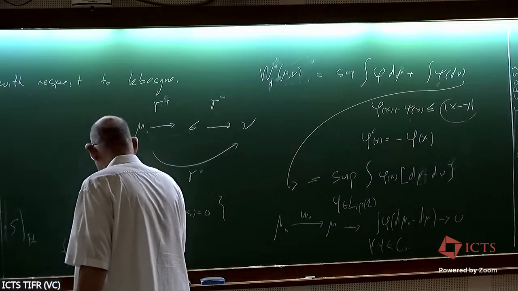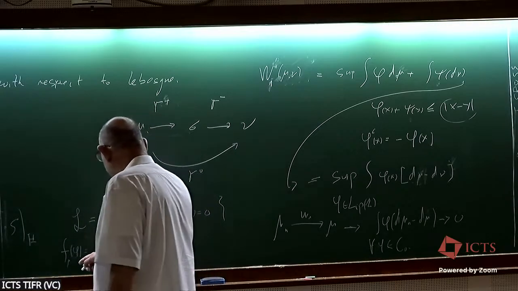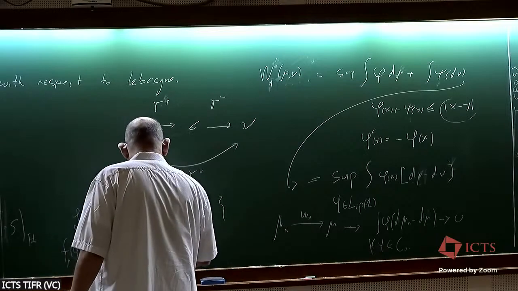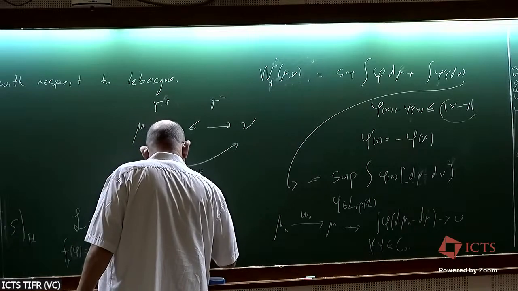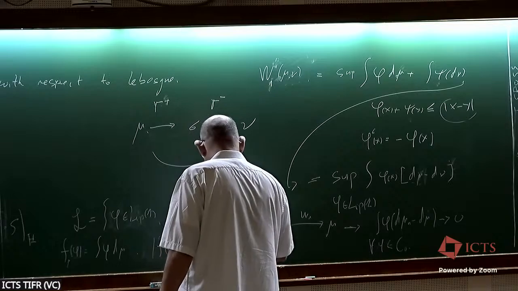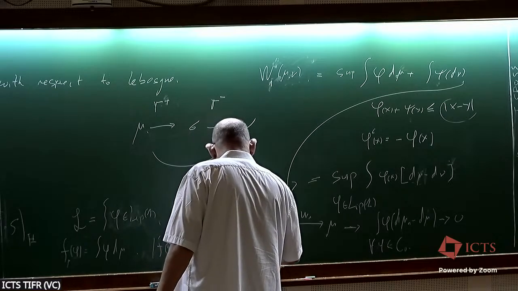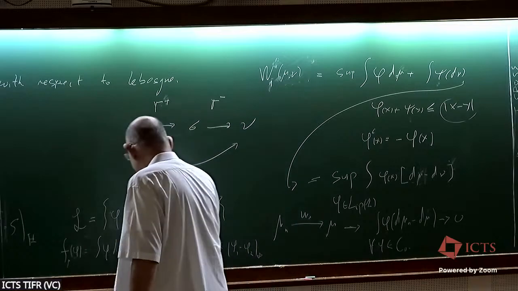That's the functional of phi determined by mu. These are equicontinuous because f mu of phi 1 minus f mu of phi 2 is smaller or equal than phi 1 minus phi 2 in the infinity norm, right? Because this is a probability measure.